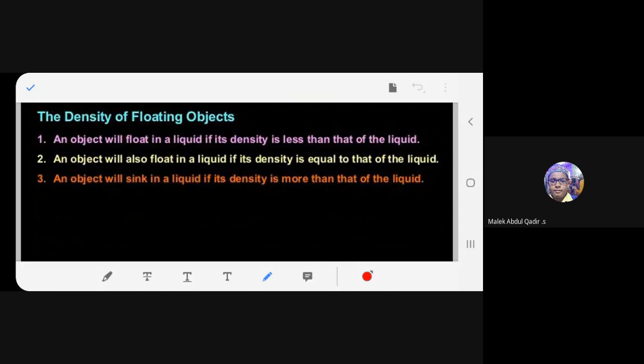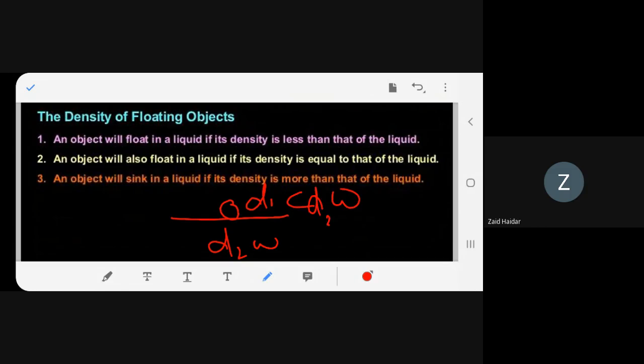So now we are talking about the density of the object. What did it say? The object will float if its density D1 is less than that of water, which is D2.